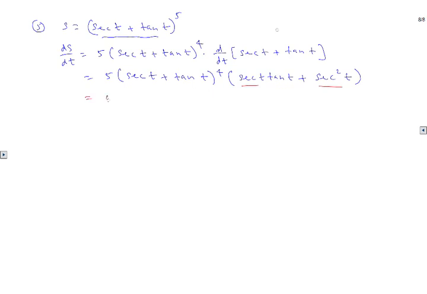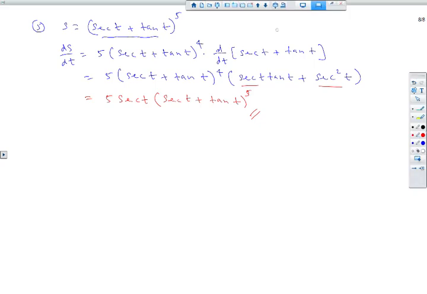So you get 5 times secant t plus tan t to the 4th, but you get 1 more here, so you get 5. That's the answer: 5 secant t plus tan t to the 5th power. You always need to simplify these.